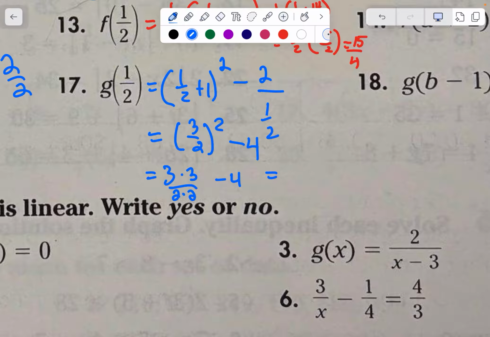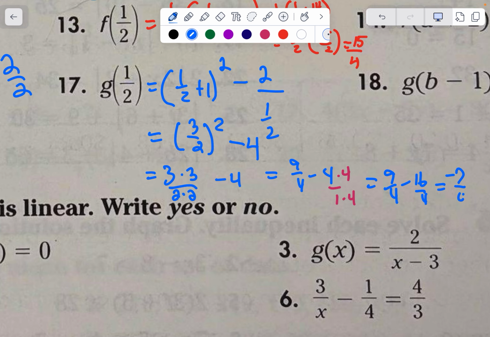So that's 9/4 minus 4. Now, 4, we can do the trick again. Common denominator, put it over 1, multiply by 4. 9/4 minus 16/4 is negative 7/4. Negative 7/4 is your answer for 17.